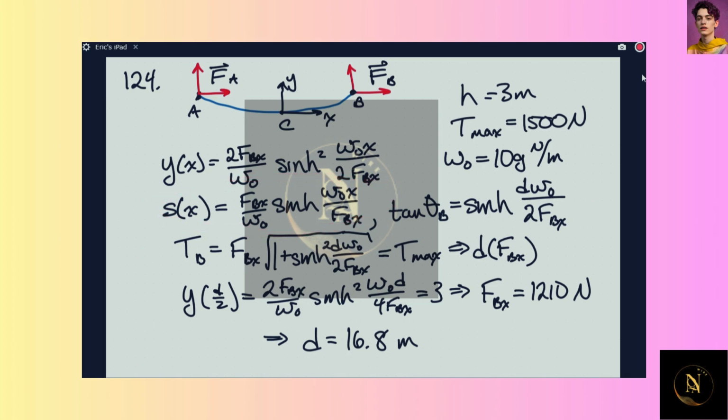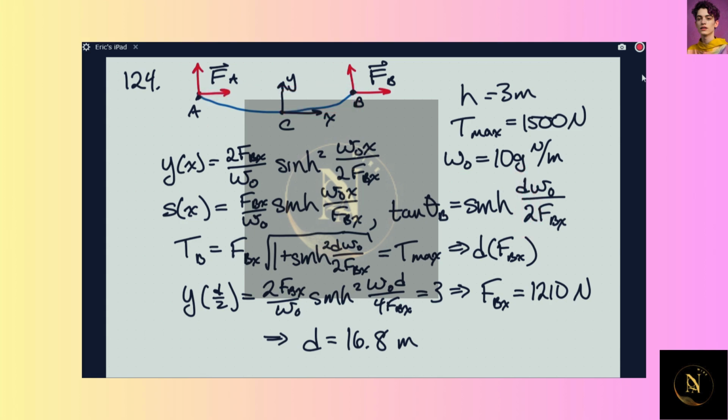We also know that the tangent of this angle here is the derivative of this at x equals whatever distance this is. Right, so we have then that, and again I'm going to call this total distance here d. So this distance is d over 2.